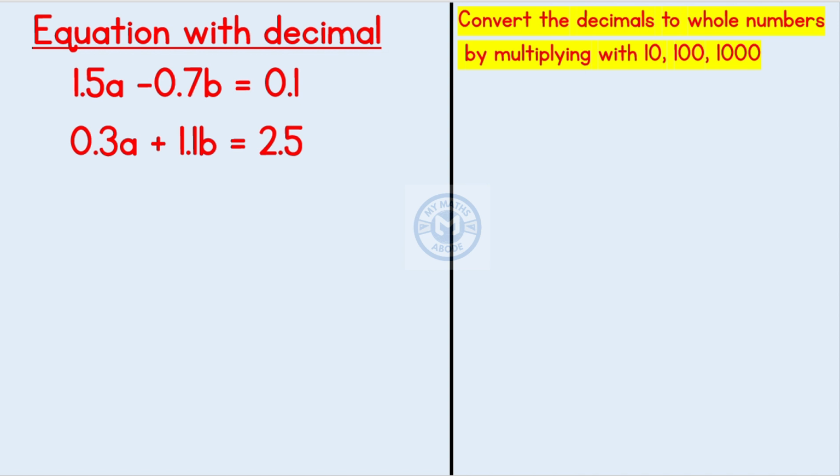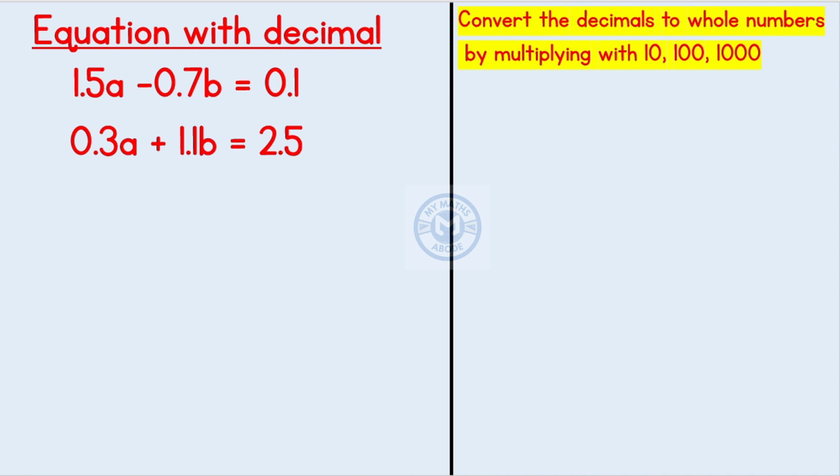The first thing you need to do is convert the decimal to a whole number by multiplying with either 10, 100, or 1000. So how am I going to do this? I am going to investigate. The first thing I'm going to do is to investigate this equation 1 and equation 2. What common power of ten should I multiply with?